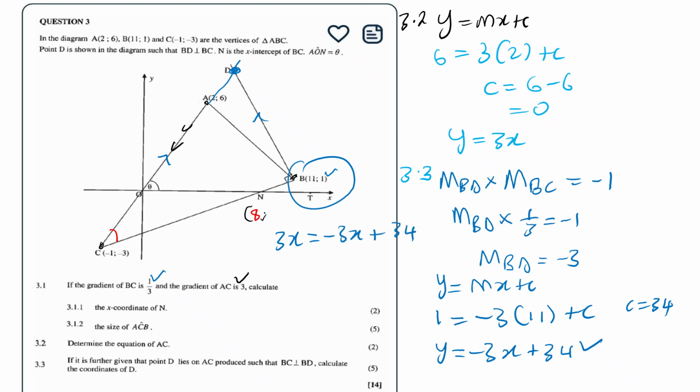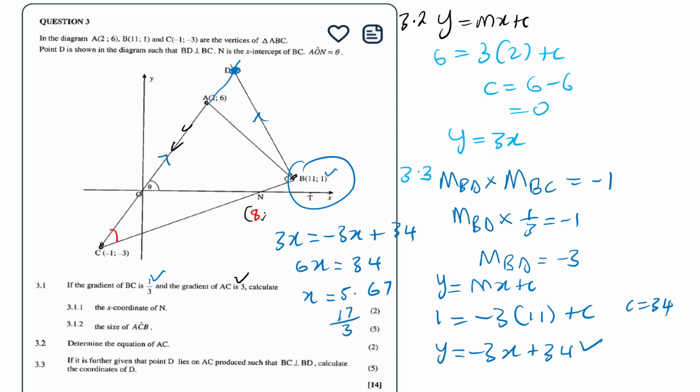Therefore, 6x is equal to 34, and x is equal to 34 divided by 6, which gives 5.67, or 17 over 3. In decimal form, it is 5.67.